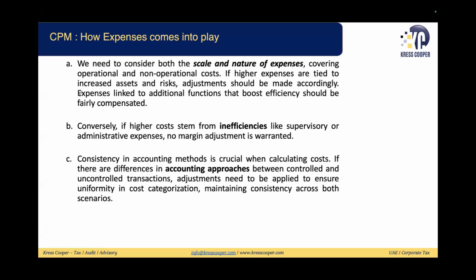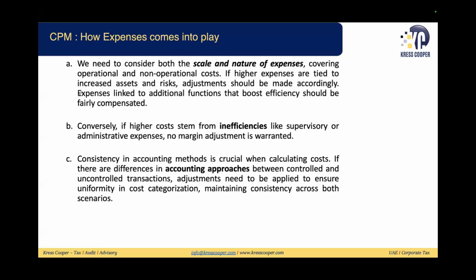Another important thing, as the OECD guidelines say, and even the guide issued by the Federal Tax Authority says, is that we need to consider the accounting approaches as well. Suppose research and development is expensed in the books of one entity, but in the other entity it is capitalized. This means the basis of the cost will not be the same. We need to be on the same page to apply the markup.